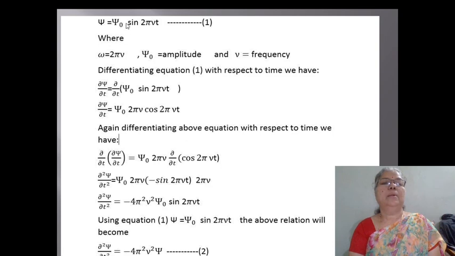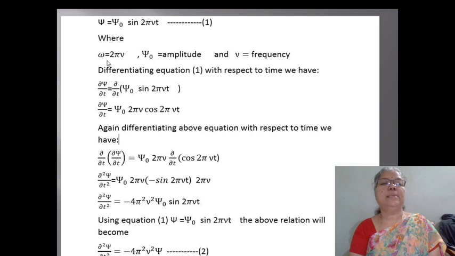Then the standing wave is given by the equation psi equals psi 0 sine 2 pi nu t, where psi 0 is the amplitude and nu is the frequency.